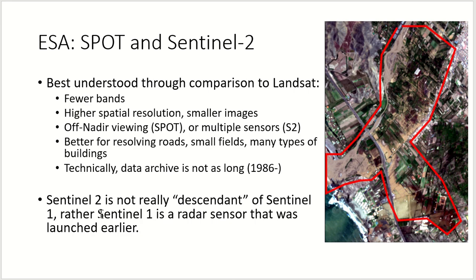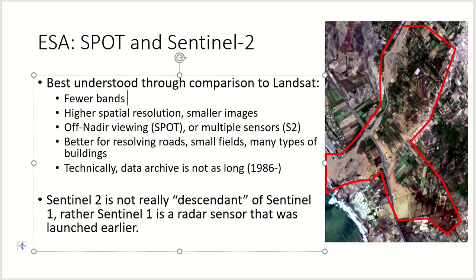Next, I'll talk about the European Space Agency missions, one called SPOT, and then Sentinel-2. So these are what we'd characterize as moderate spatial resolution multispectral sensors. And as such, they're best understood through a comparison to Landsat.